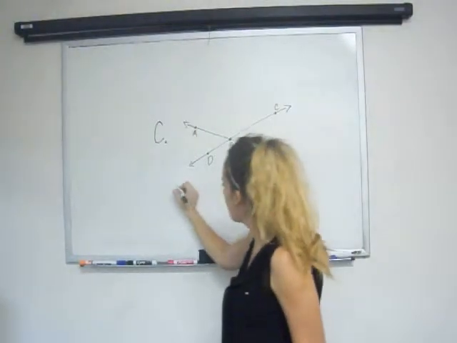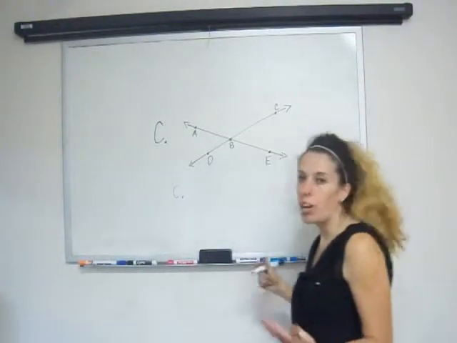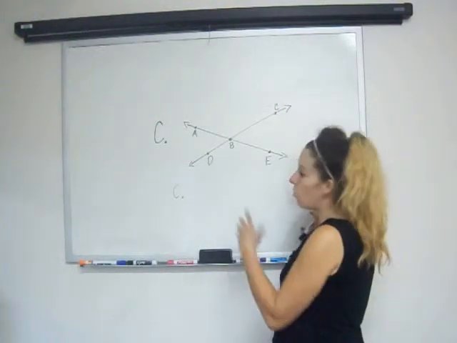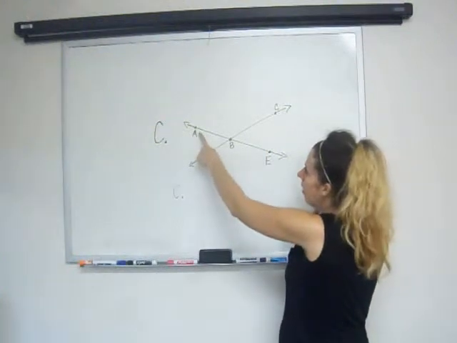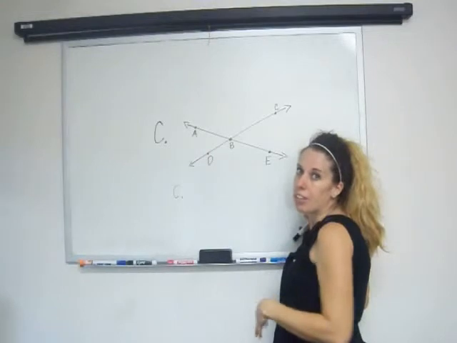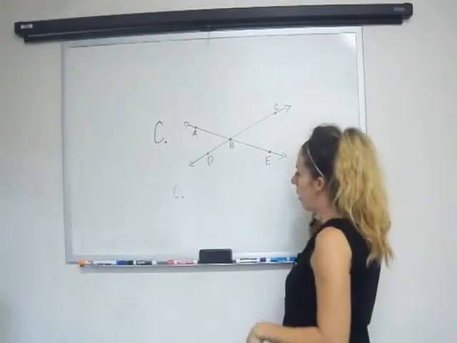Okay, so I'm going to look at this and say, well, what are three other points that lie on the same line? And so looking at this line, I can see that A, B, and E are all on the same line, and there are 3 different points lying on that line.